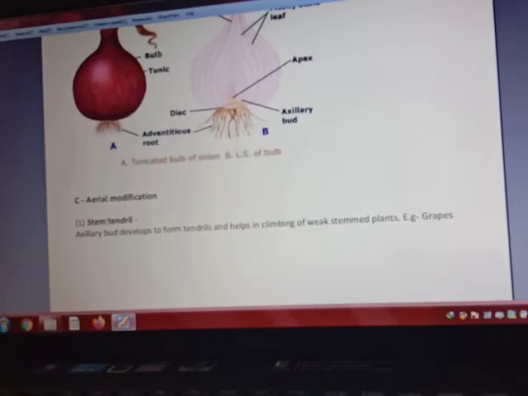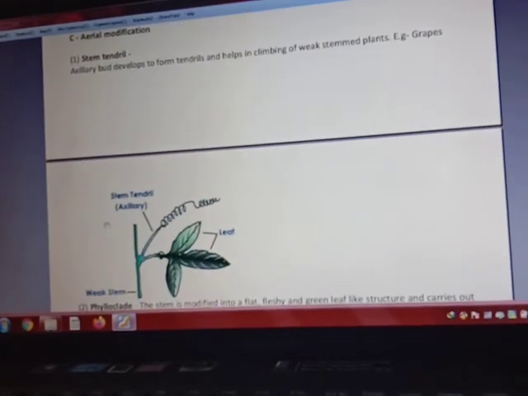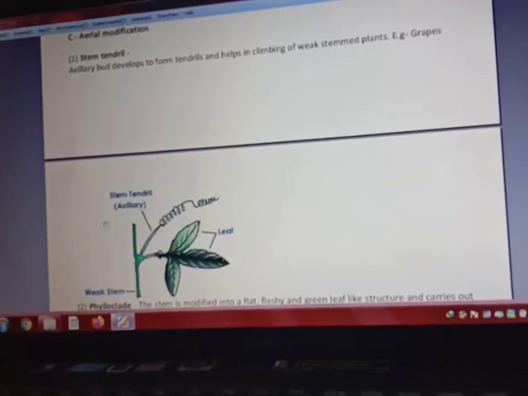Subaerial are covered, underground modifications are covered, and at the last aerial modifications are there. Sorry, aerial means which are present on the air side. First one is a stem tendril. It is very common, students, all of you have seen it in so many plants, mostly in vegetable plants where stem tendrils are present.